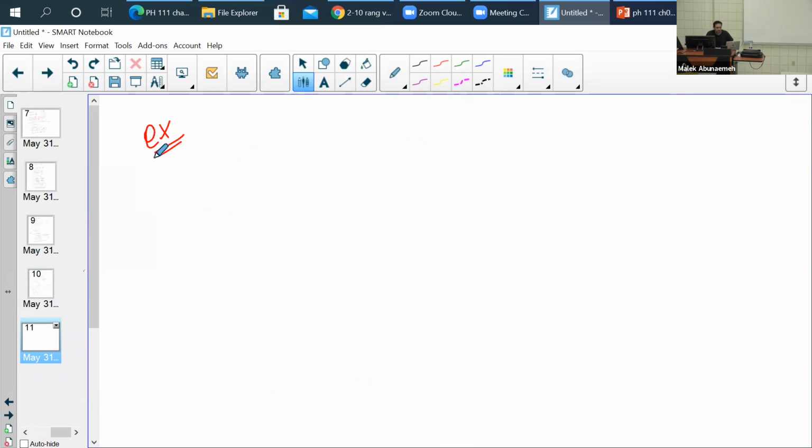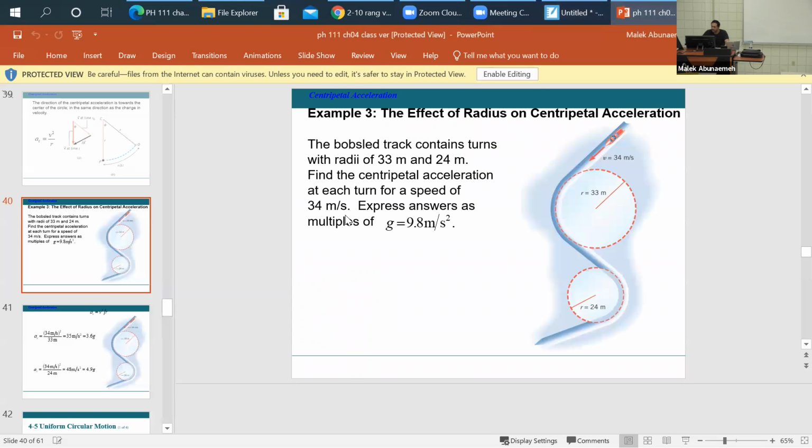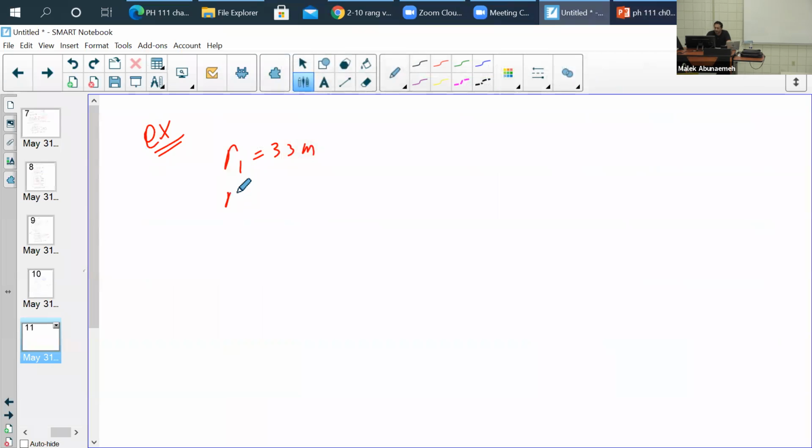Let's do this example. Your R1 is 33 meters, your R2 is 24 meters, your speed is 34 meters per second, and gravity is 9.8 meters per second squared. You want to find the centripetal acceleration for the first one and for the second one.